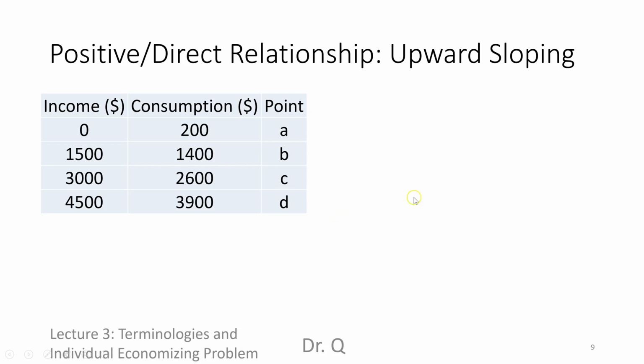And there is a ladder representing the value of each pair of variables. At low income or no income, people still need to spend some money on necessities. And when income increases, consumption increases as well, but they're not equal to each other because of saving.